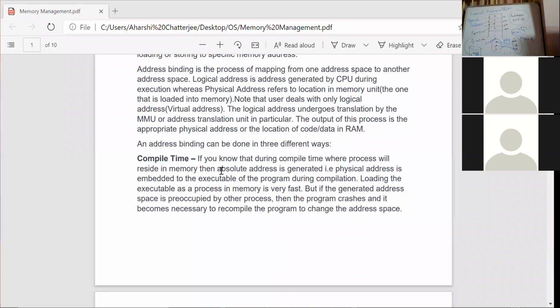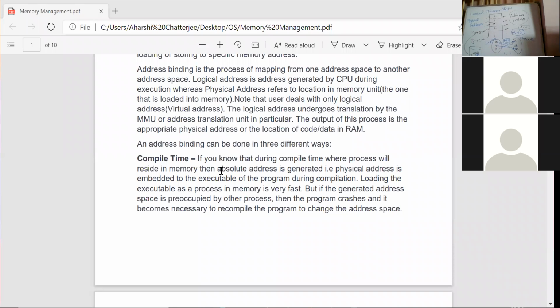So it becomes very simple for the operating system: I will compile this program and place it at memory location 200, which is its actual memory location, the absolute address. So the thing will become very simple and fast also.